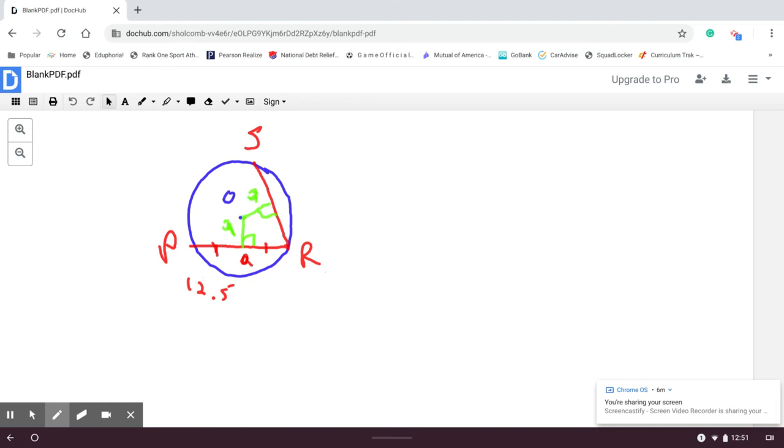Okay. Well, here's how you would go about figuring this stuff out. First of all, PQ is congruent or equal to QR. So they're both 12.5. Okay, so that's fairly easy to see. But that means that PQ plus QR is 25. So PQ plus QR equals 12.5 plus 12.5, which is 25.